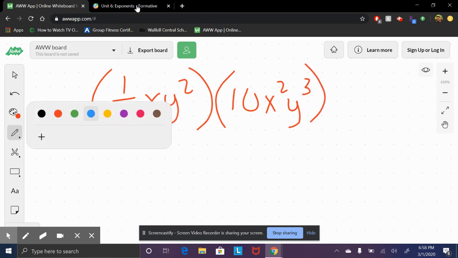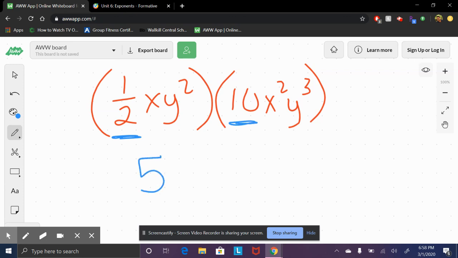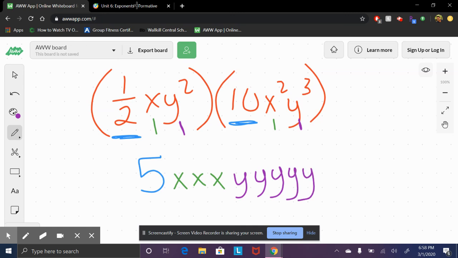So again, you multiply the numbers out in front. 1/2 times 10 is 5. Count the number of x's. There's 1 here. There's 2 here. So we have 1, 2, 3. And then we count the number of y's. There's 2 here and 3 here. 1, 2, 3, 4, 5. To get a grand total of 5x to the third, y to the fifth.